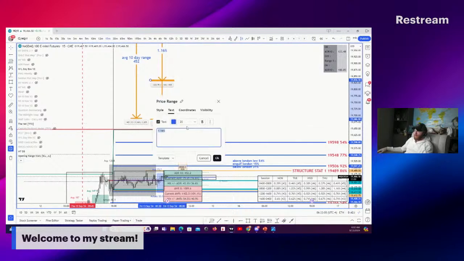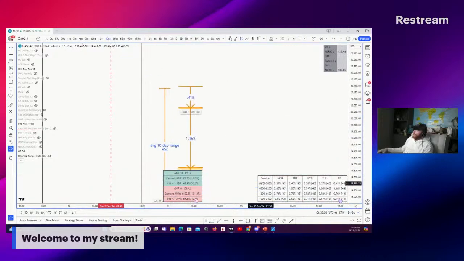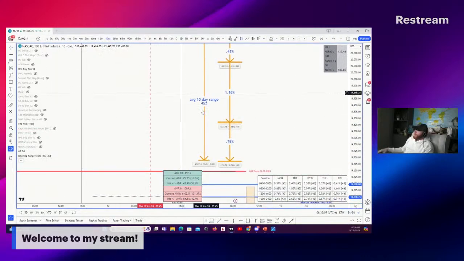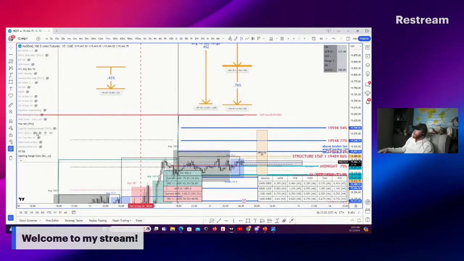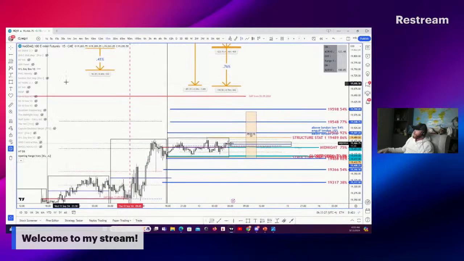And look at that, we finally got a day that actually lines up properly. Right, so we know that this is our average 10-day range, which is 452. This is our average 12 o'clock to 16 over the last 44 Fridays. This is 8 to 12, 1.16, and this is 4 to 8, 0.41%. First one we can place is the 4 to 8 because we're probably already in that time period.